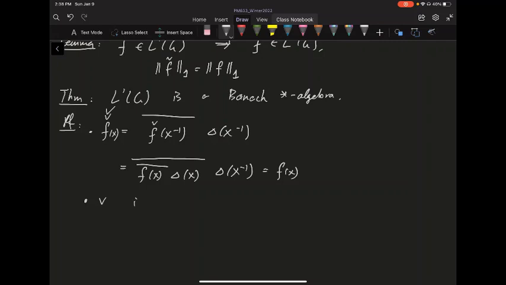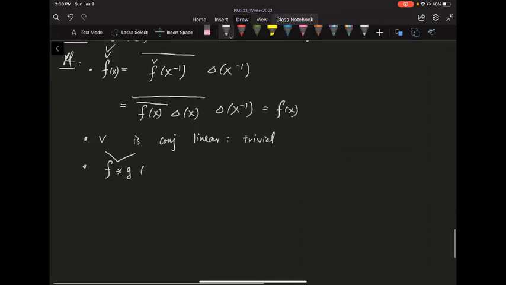That the involution is conjugate linear is trivial, so I'm not going to do that. Lastly, let's consider two functions, f and g, and consider the check of their convolution. By definition, it is their convolution evaluated at x inverse, the whole thing conjugated and multiplied by delta of x inverse.